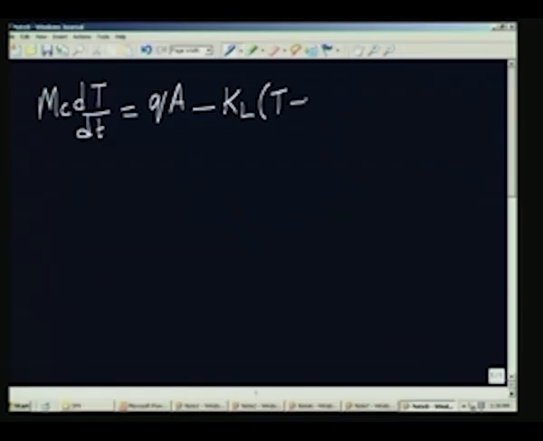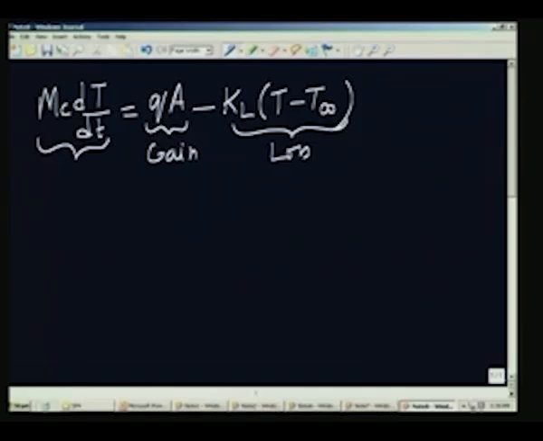We have mc dT by dt, the rate of change of the internal energy of the sensor, equal to qA, which is the heat flux impinging on the sensor, minus the loss part KL into T minus T infinity. This will be the equation. So, we will say this is gain and this is loss, and of course, this is the net effect.